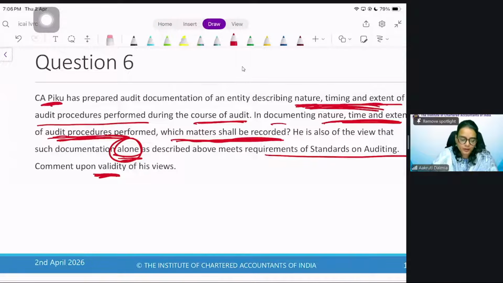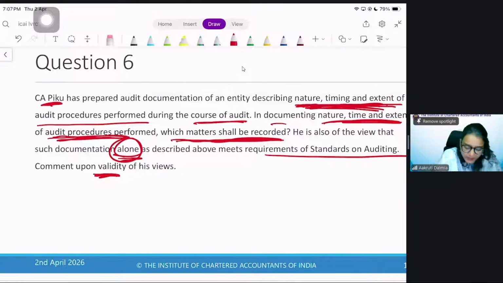No. The documentation should be so good that if a third party CA comes who was not part of this audit at all, just by reading your documentation, he should understand the audit fully. Understood? He should understand the entire audit of this company just by reading your documents.